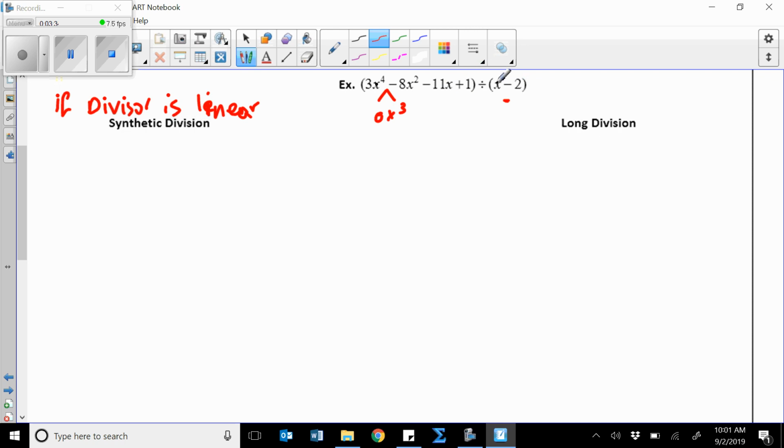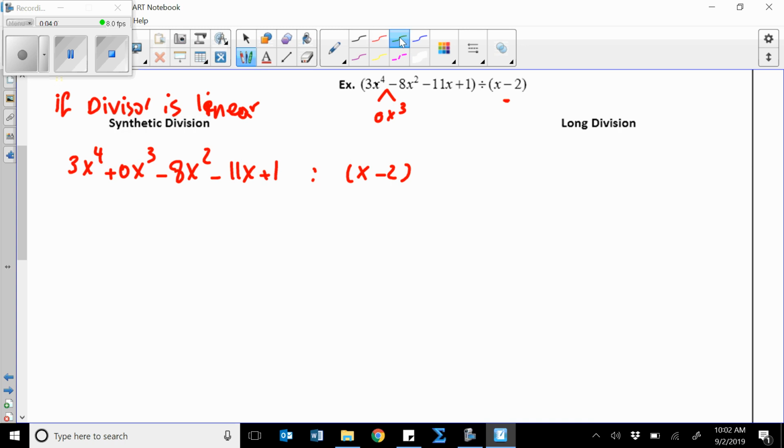And also here the first one is x to the 1, and right after that we have a constant, so again we're not missing any term here. So I'm going to write the polynomial again here: 3x to the 4 plus 0x to the 3 minus 8x squared minus 11x plus 1. And we want to divide this by x minus 2.